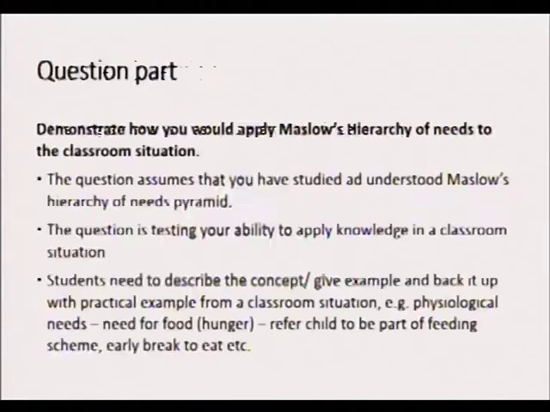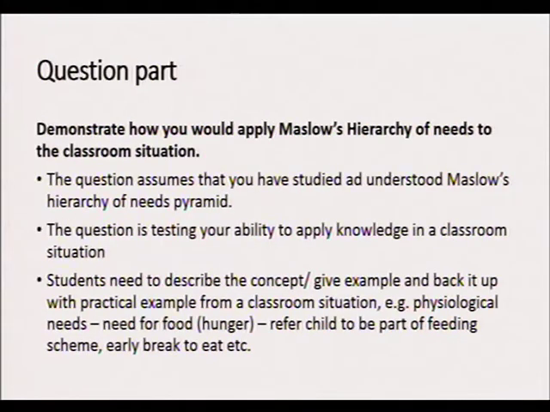For example, students describe the concept, they give the example. If we take the first hierarchy of needs, that is physiological needs, hunger, for example. So you describe what the physiological needs mean, and then you give an example and you say, a child that is hungry in a class.